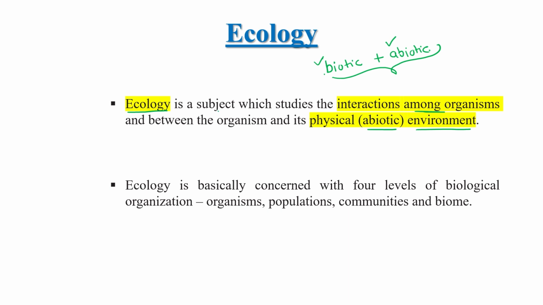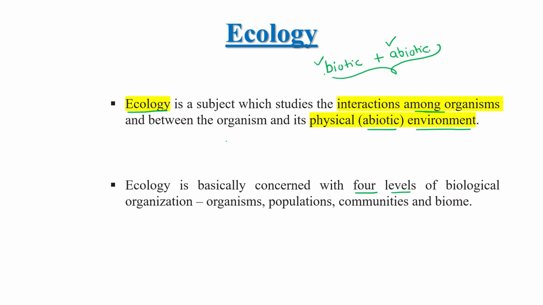Okay. So ecology is a subject which studies the interaction among organisms and between organisms and their physical environment, and obviously physical environment means all the abiotic factors. Basically, ecology is concerned with 4 levels of biological organization.